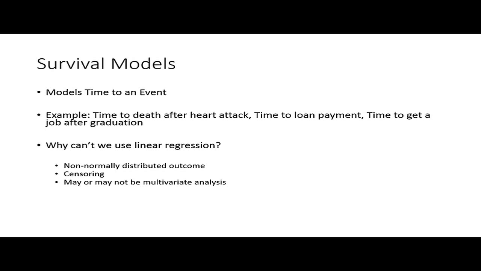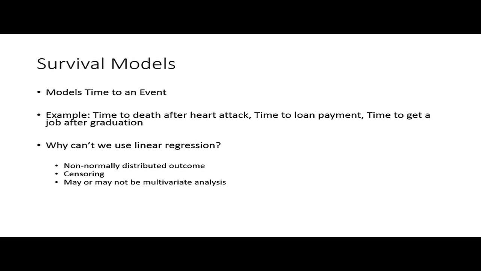And then the last thing is that we may not have the dependent and independent variable relationship all the time. Sometimes we only have the time to an event, or at what point of time an event happened.